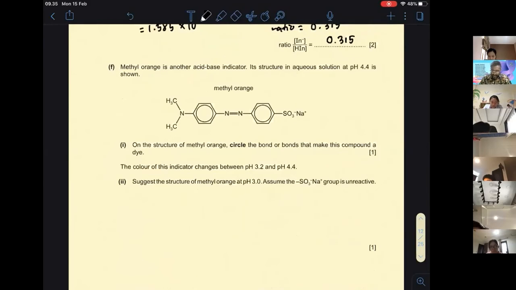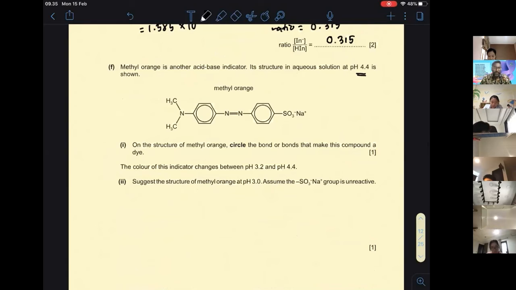Now, methyl orange is another acid-base indicator. The structure at this pH, at pH 4.4, is shown. On the structure of methyl orange, circle the bond or bonds that make this compound a dye. If it is a dye, we have already learned the diazotization reaction.